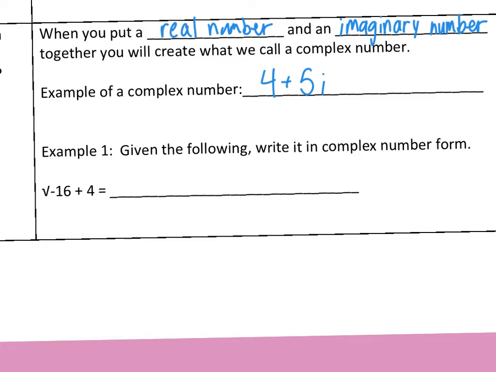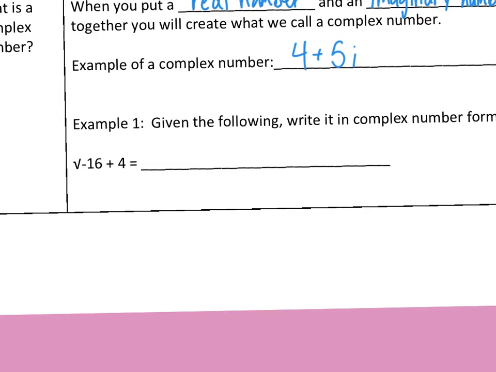So, given example 1, it says to write that in complex number form, okay? Well, it looks like I've got square root of negative 16. I know that that's an even root with a negative under it, so I know that's going to be imaginary, right? 16 can break down to 4 and 4, which breaks down to 2 and 2, where you just could know that the square root of 16 is 4, right? 2 times 2 is 4.